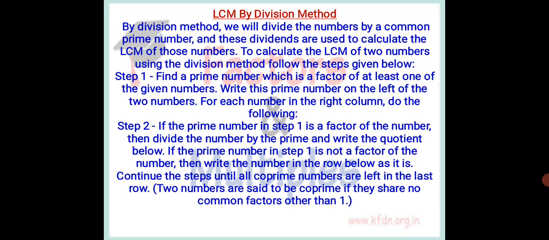For each number in the right column, do the following. Step number 2. If the prime number in step 1 is a factor of the number, then divide the number by the prime and write the quotient below.